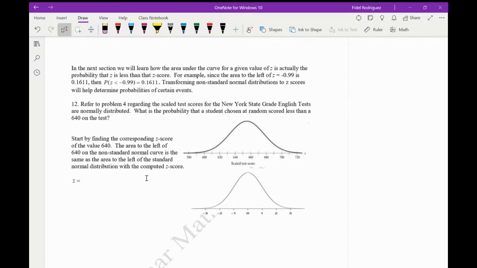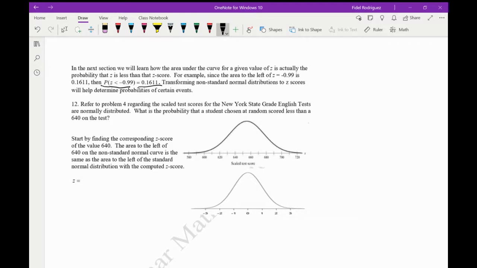For example, since the area to the left of z equals negative 0.99 is 0.1611, the probability that z is less than negative 0.99 is equal to 0.1611.